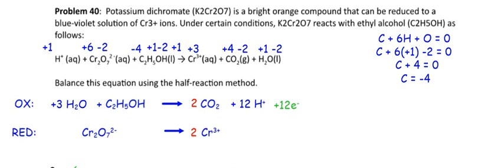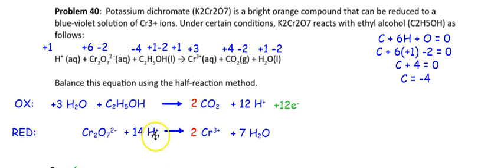I can now balance my oxygens. If I have 7 oxygens here, how many waters do I put? I put 7 waters. Now what's goofed up? My hydrogens are goofed up. So I need to put 14 hydrogens right here. So I'm left now with balancing my electrons.